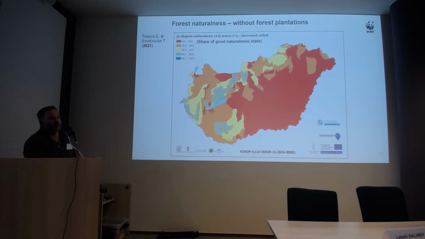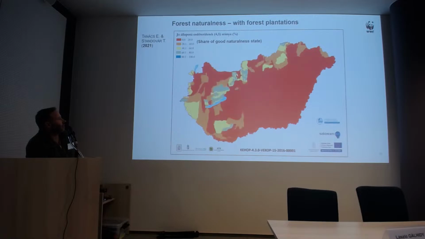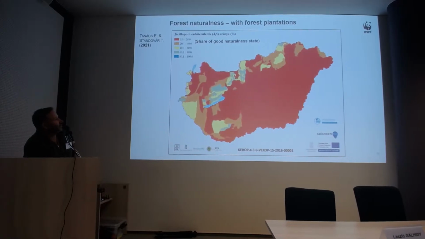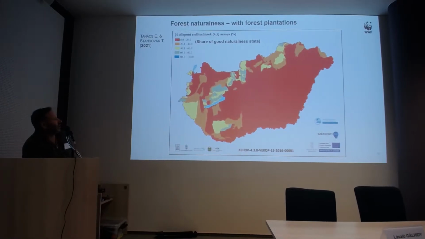There are some spots, of course, but generally the picture is quite bad. If we put the plantations also in the analysis, the picture is even worse. So you can see that most of the country consists of very few forests of higher naturalness.